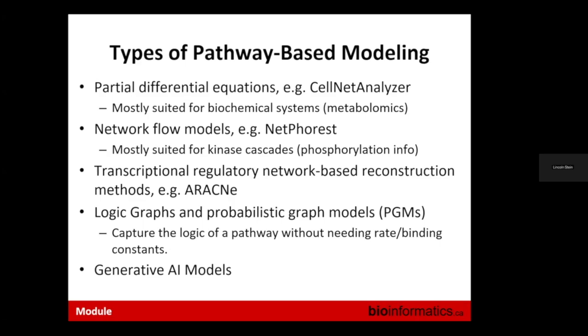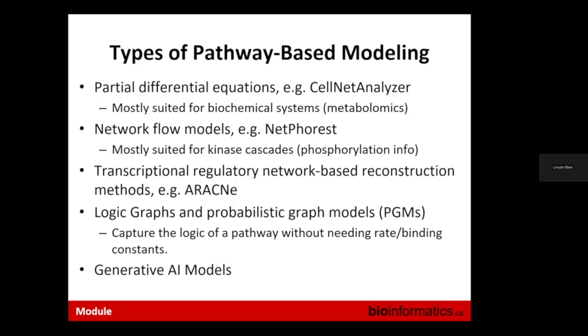For transcriptional networks, there are a series of transcriptional regulatory models that have been built up from large RNA-seq data sets. The most common one in use is from the Califano lab at Columbia University. It's called Arachne.